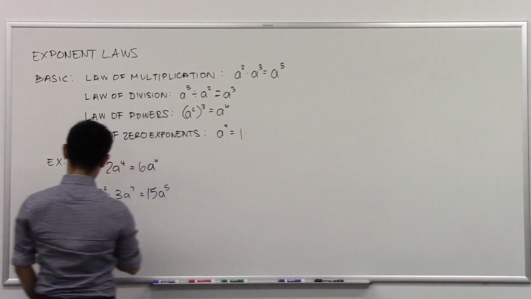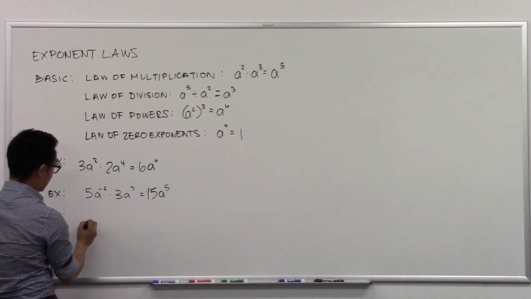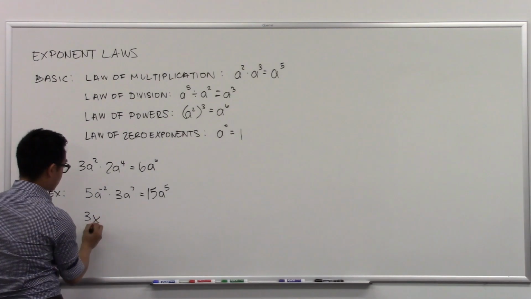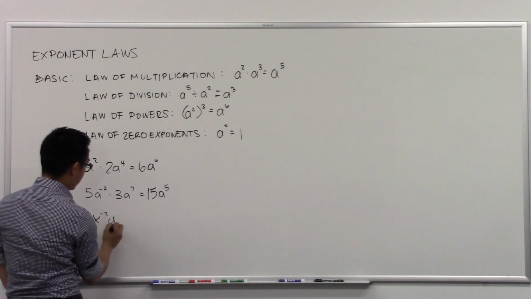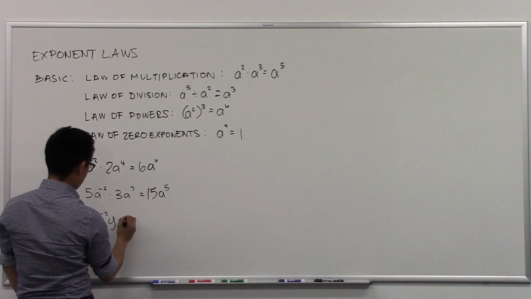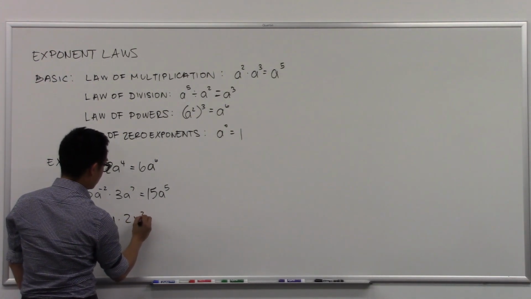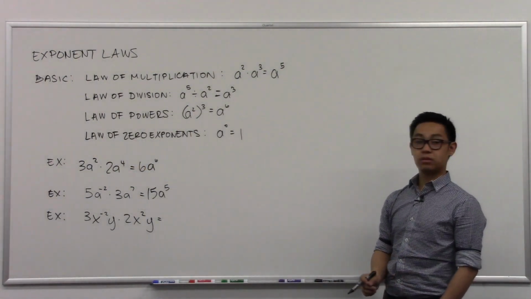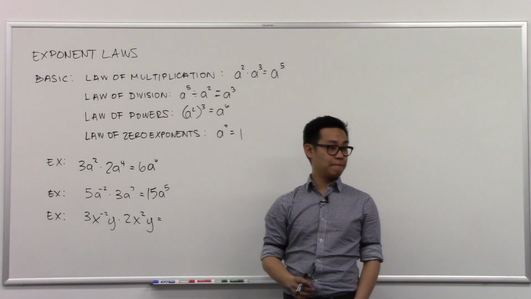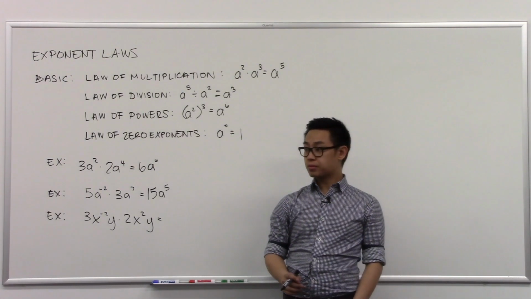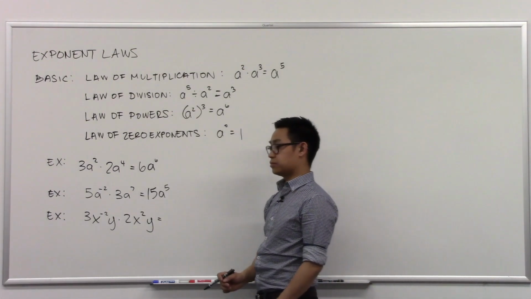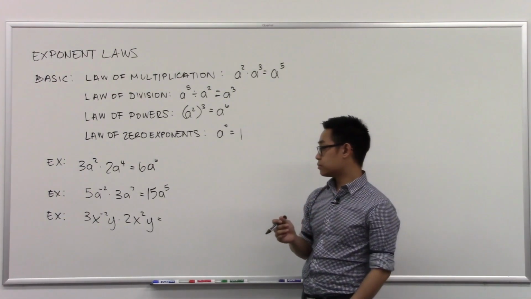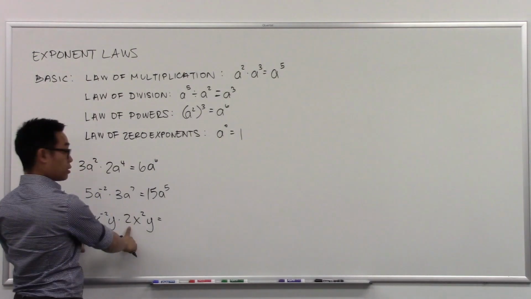If I give you, let's say, 3x to the negative 2y times 2x to the 2y. What does this equal? So 3 times 2.